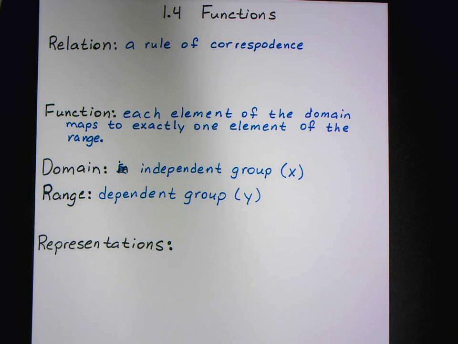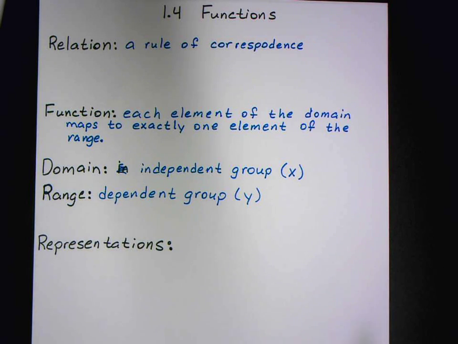So in order to be a function, that means each x can only go to one y. Now, y's can be used as many times as we want. Each x can go to the exact same y. We don't care. That's fine. But each x can only go to a single y value.